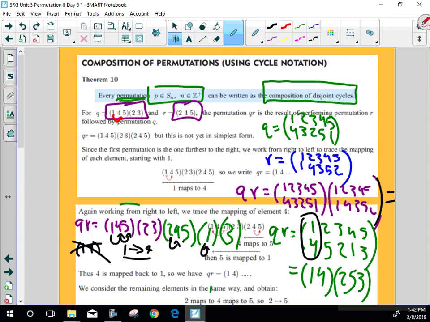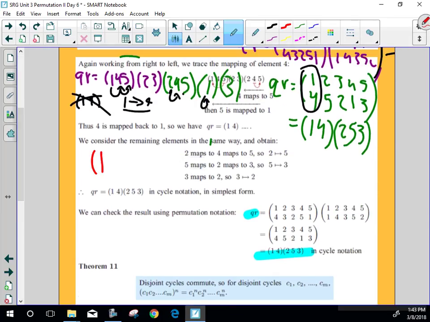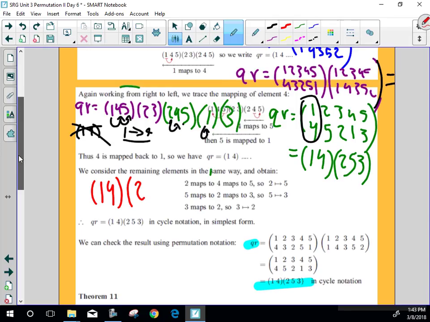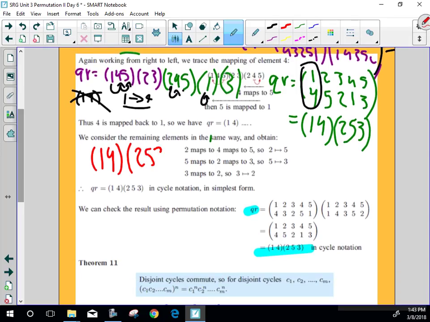Only the times that you move within do you write them down. And that's where we get the combinations you see here. When you put those together, it's going to be 1, 4, 2, 5, 3.